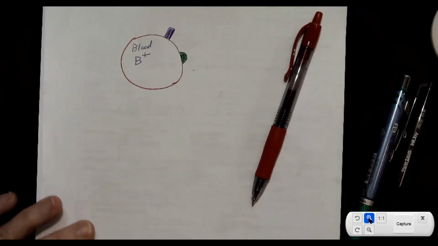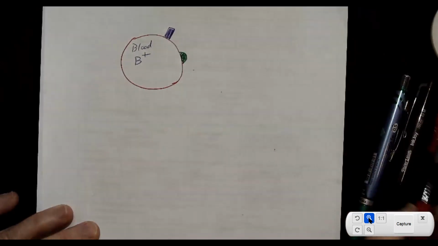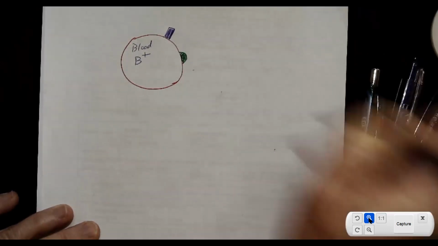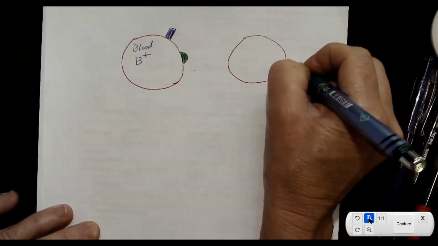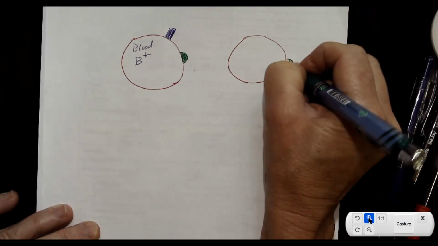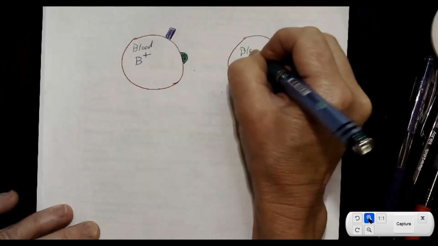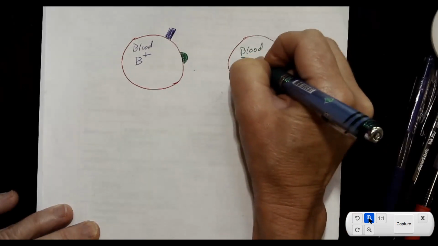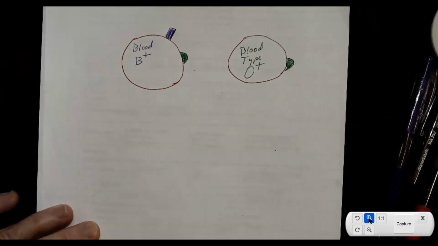Okay, that's B positive. Look at this blood. It has the antigen. Doesn't have any other antigens, so this is blood type O positive.